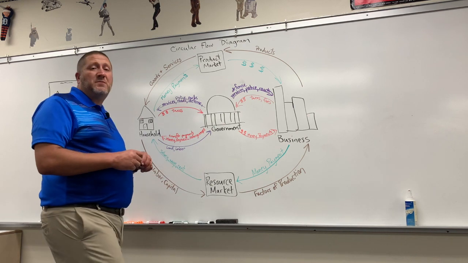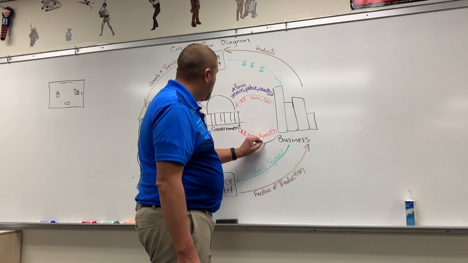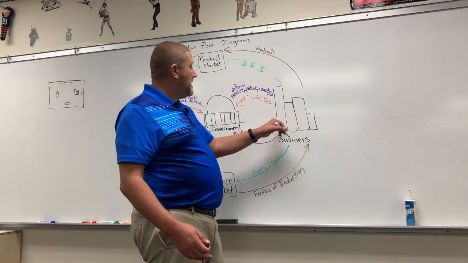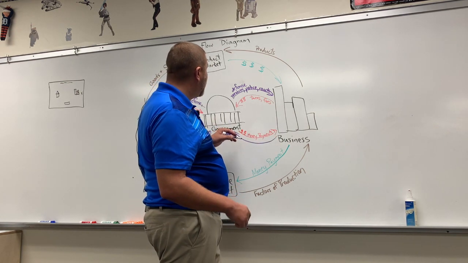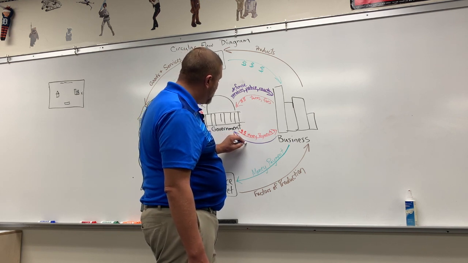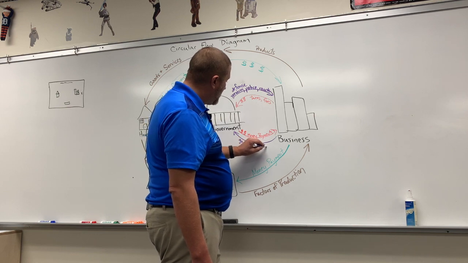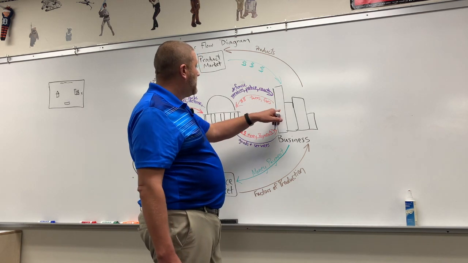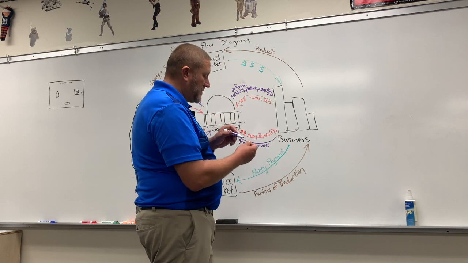Well, they're going to provide those money payments basically for different services and everything that businesses create. They will sometimes give them, now these are going to be your goods and services. They're going to provide different types of contracts and everything for businesses to provide.